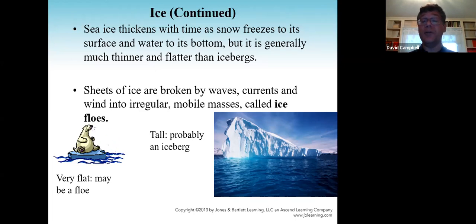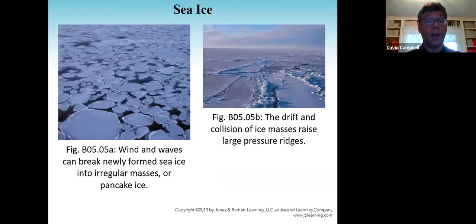Instead of icebergs, ice floes are the chunks from sea ice. As it first gets going, bits of ice washing around the ocean tend to bump into each other and get these round shapes. Understandably, this is referred to as pancake ice.